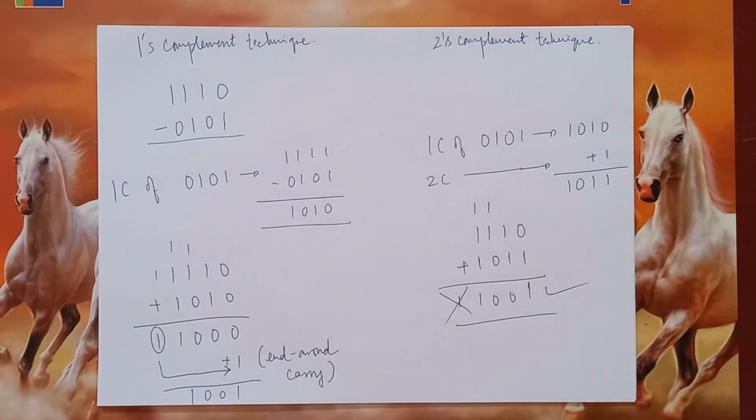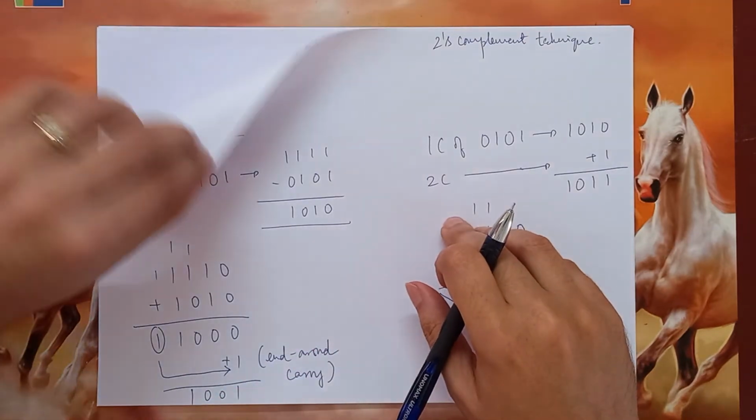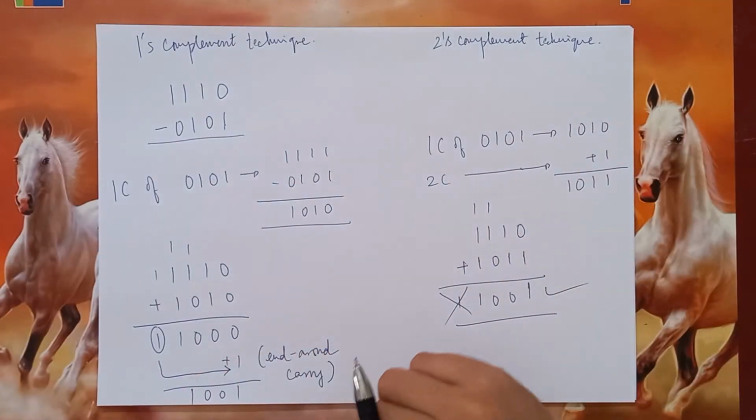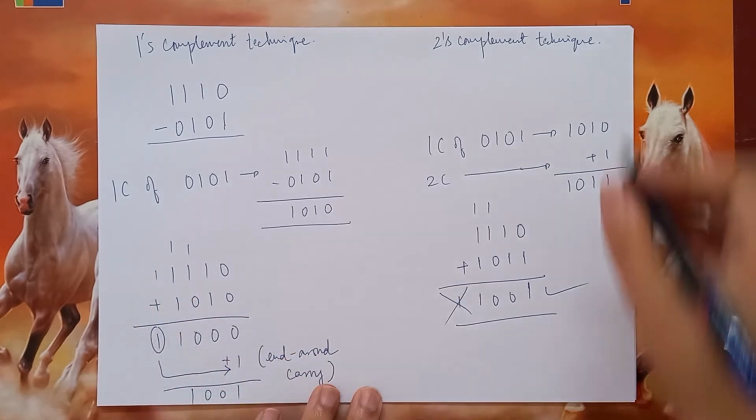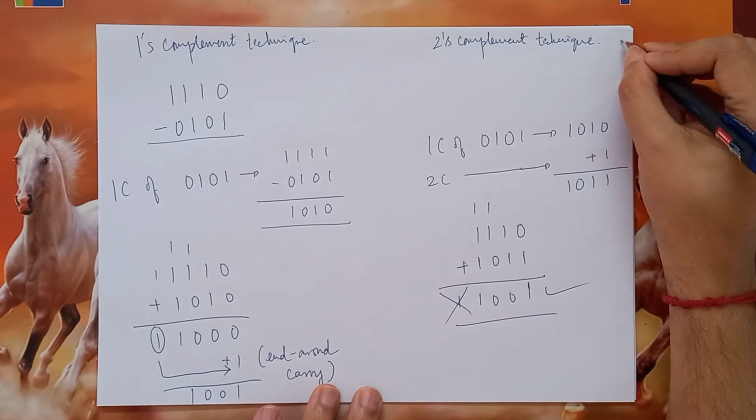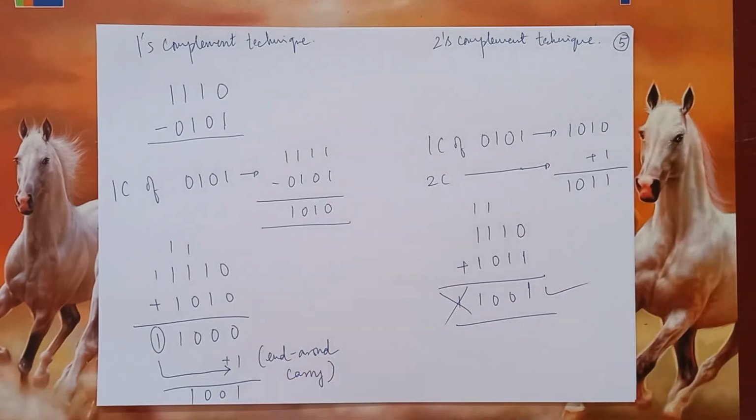So 2's complement is always a little better for the computer to use, because it is always easier for the computer to ignore the 1 rather than bringing it back and adding it. Okay, so this is what is meant by 1's complement and 2's complement.